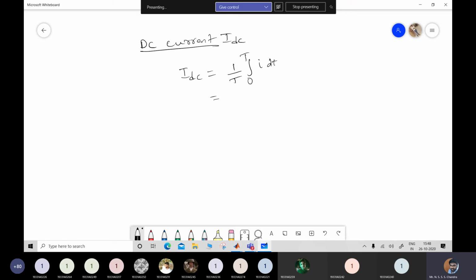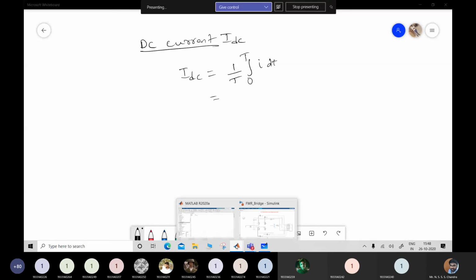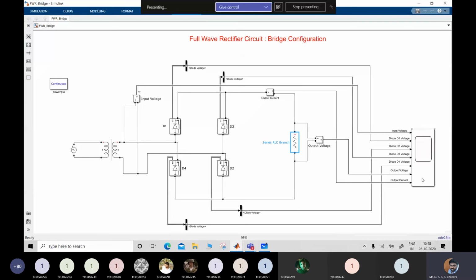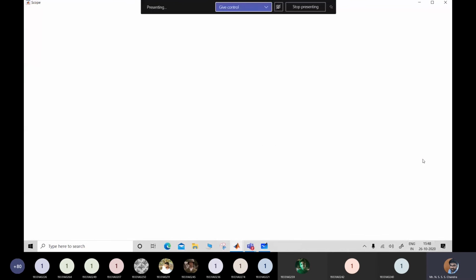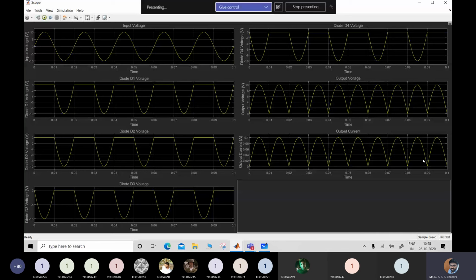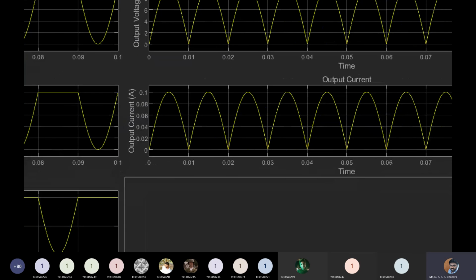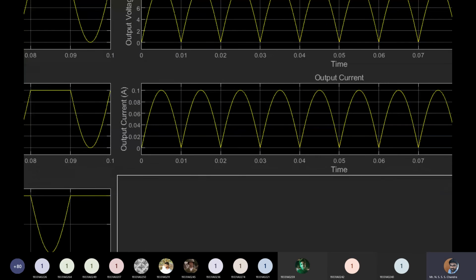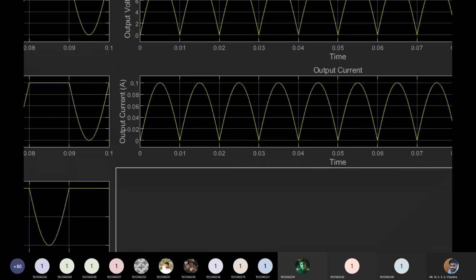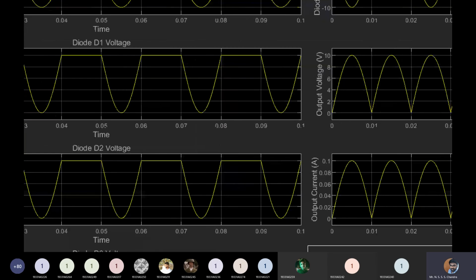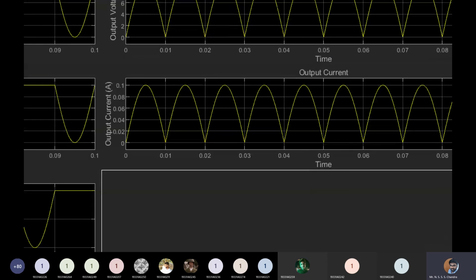So for this curve, if I open this simulation diagram, what's the time period for the output current? Is it pi radians or 2 pi radians? Pi. So it is not 2 pi radians, it is pi radians only. It is replicating after pi radians.